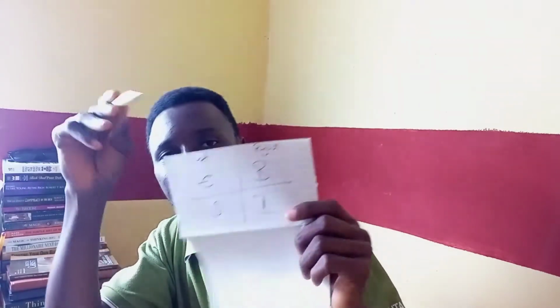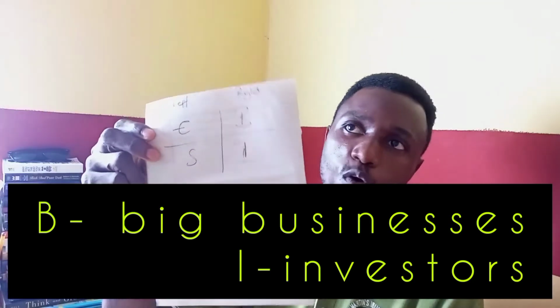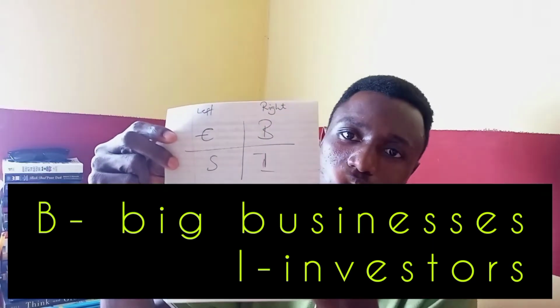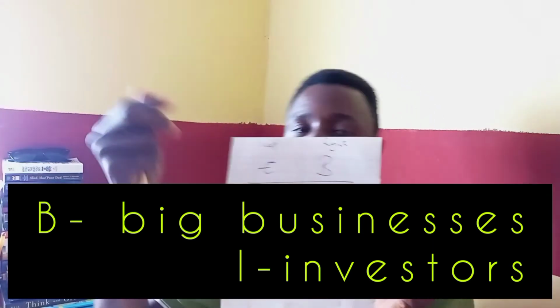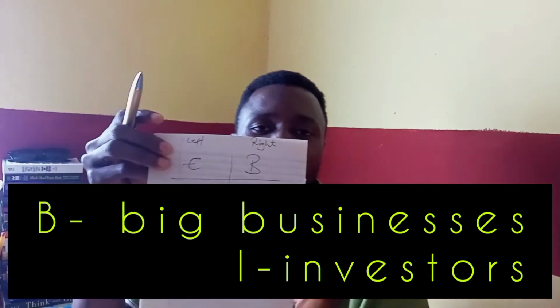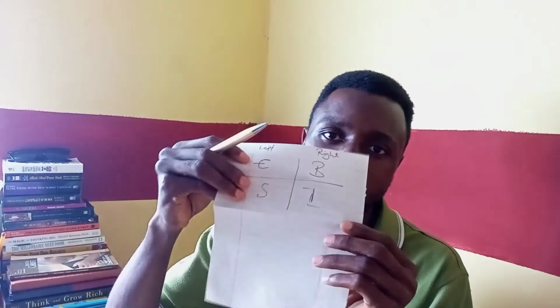And then the B in the right hand side stands for big business. This is where we have over 500 employees in the business. So that is a big business. And then we have the I. This quadrant is investors. That is where the investors are.